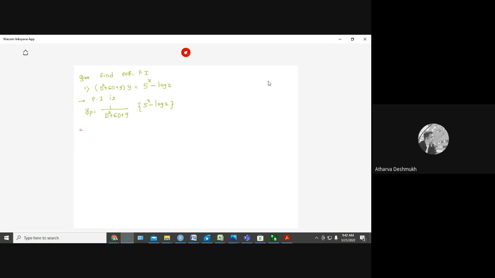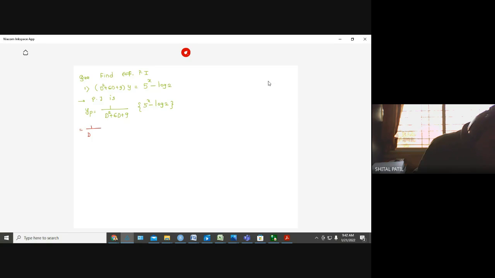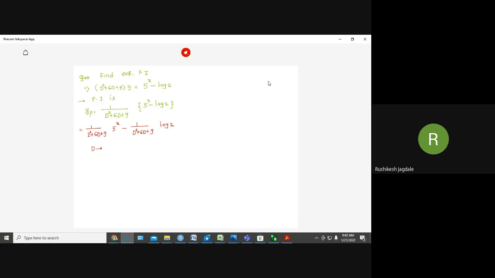So 1 upon d square plus 6d plus 9 operated on 5 raised to x, minus 1 upon d square plus 6d plus 9 operated on log of 2. Here we have to replace d by, anyone? What is d to be replaced by?